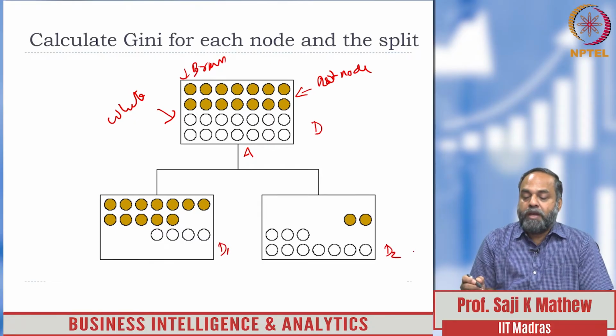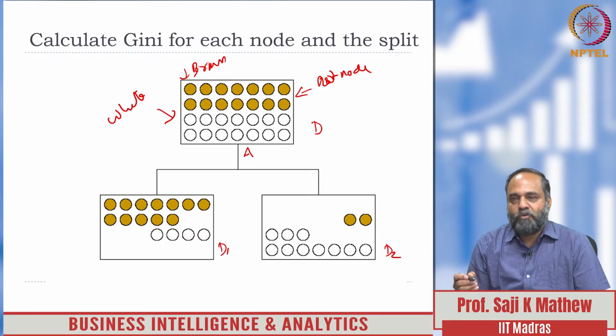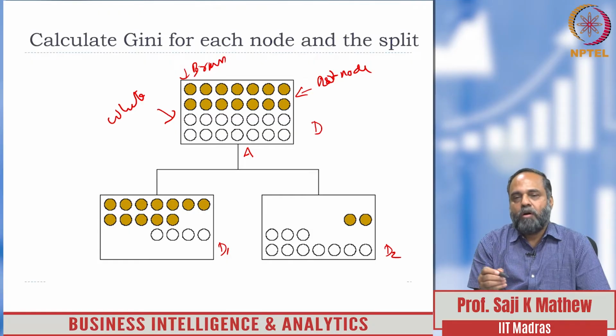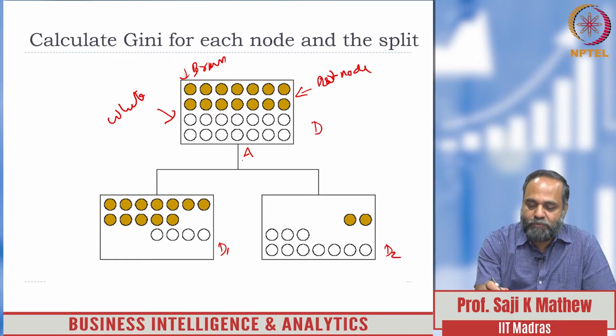Now our aim is to apply the formulae which we learned in the previous slide and calculate the Gini scores of the nodes and finally the Gini score of the split, and that is what we are going to do here.